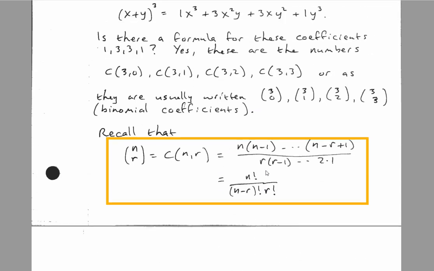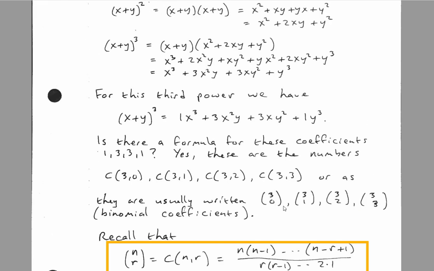And also note this kind of special case. So these numbers on the end are always ones. So 3 choose 0. Yeah, it's a bit confusing.